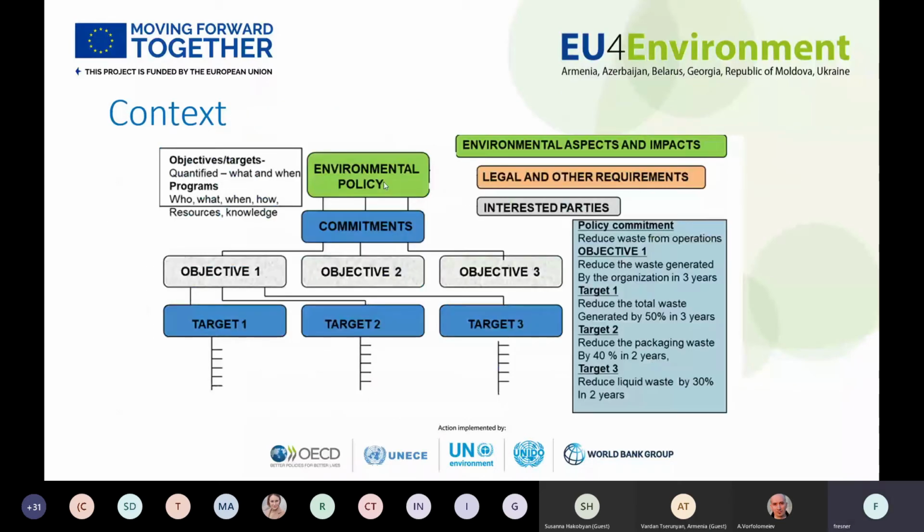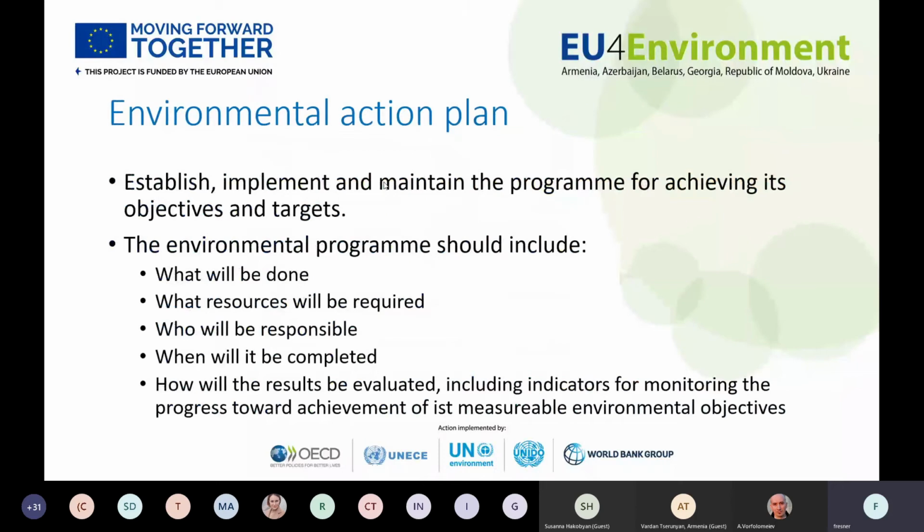And all this is compiled then into an environmental program, which lists the activities, what we want to do out of our analysis, what resources are required, who will be responsible, what is the due date, and indicators whether we reach our target.